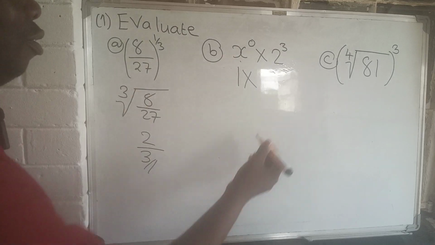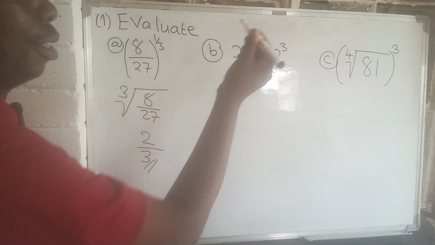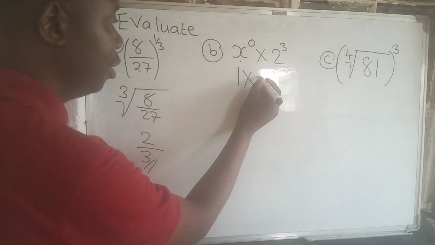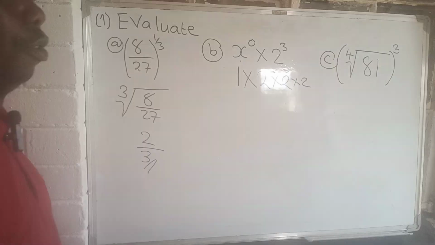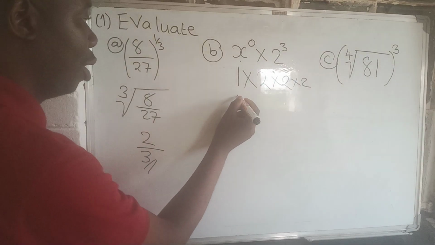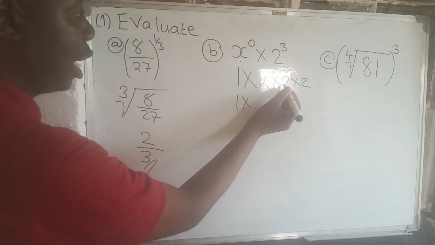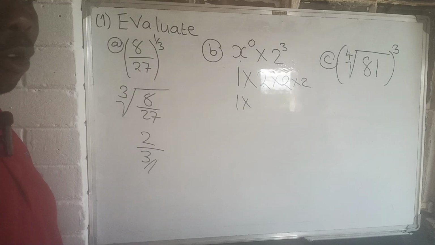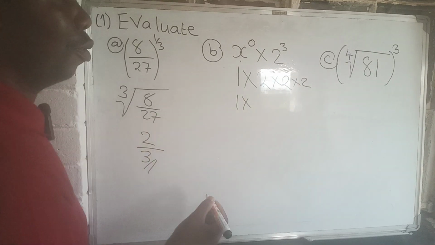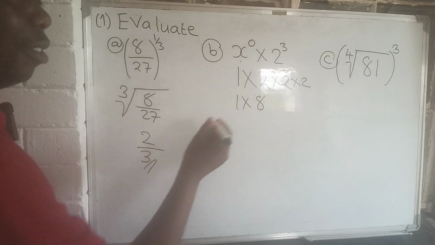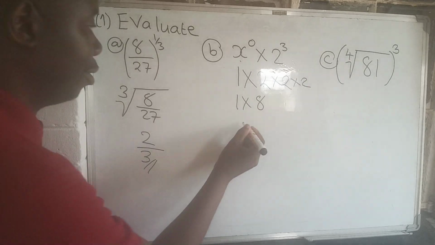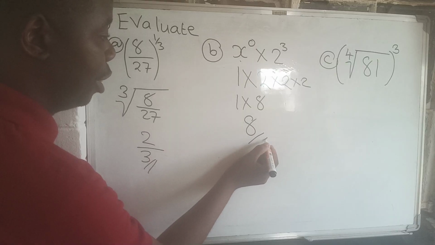That simply means multiply 2 three times, which is 2 times 2 times 2. 2 times 2 is 4. 4 times 2 is 8. So 1 times 8 is 8. You end there.